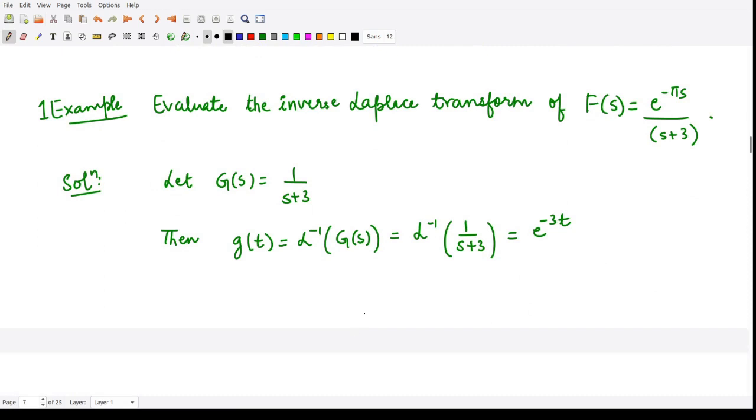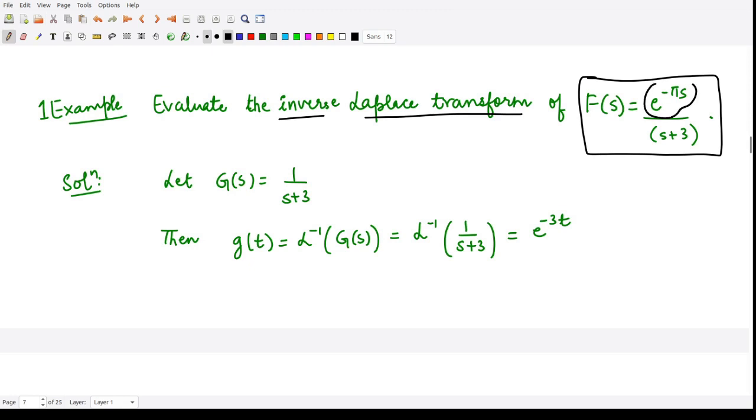The first question says we are to find the inverse Laplace transform of the function F of s, which is given to be e to the power minus pi s divided by s plus 3. Here we have e to the power minus pi s with us, so we can use the second shifting property very easily.